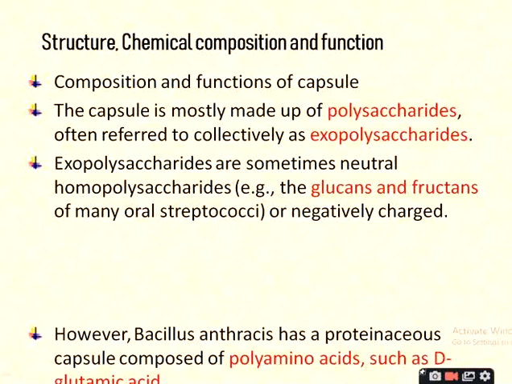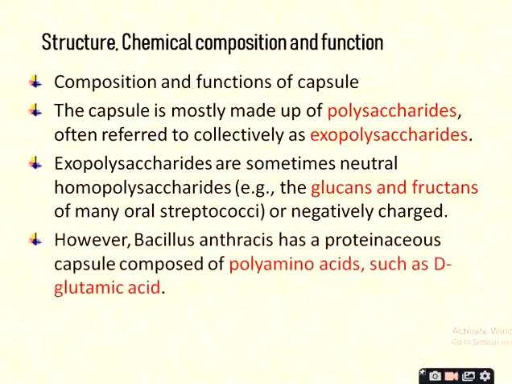However, Bacillus anthracis is the organism which has a proteinaceous capsule. It has a proteinaceous capsule composed of polyamino acids such as D-glutamic acid.